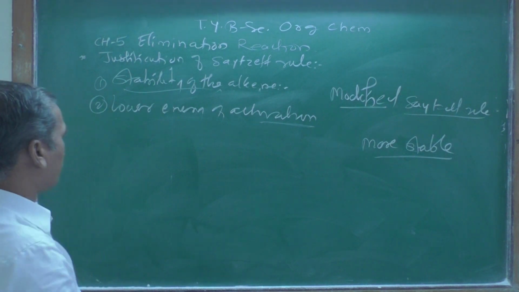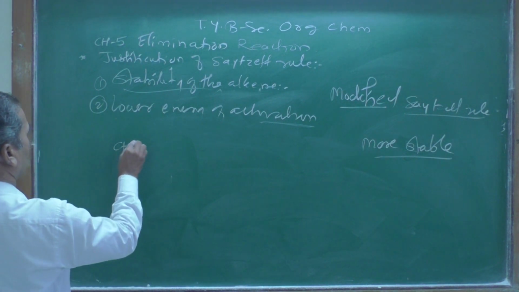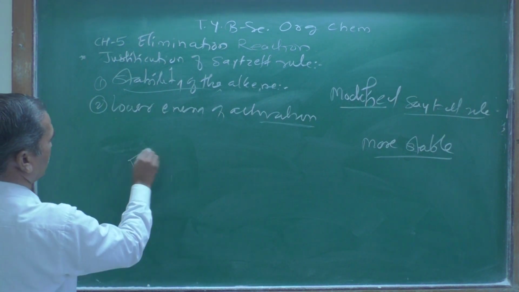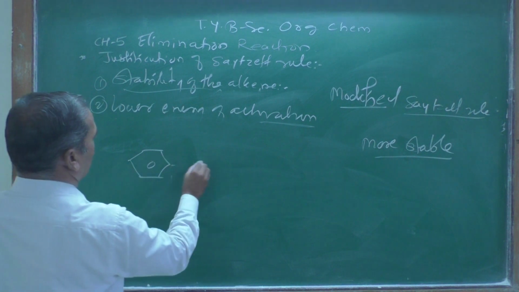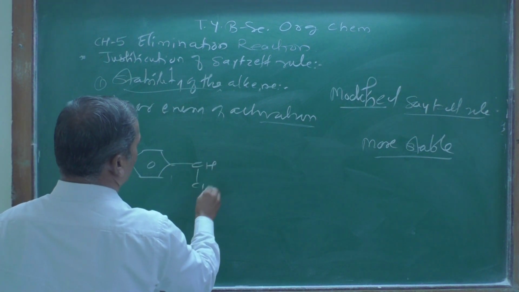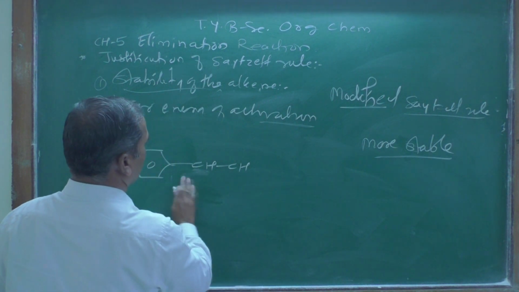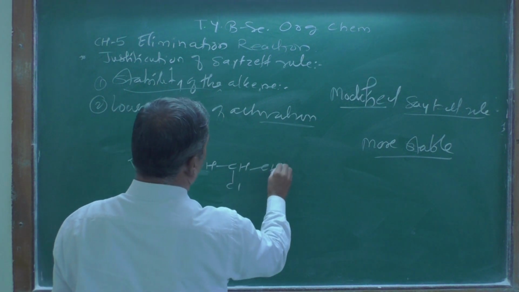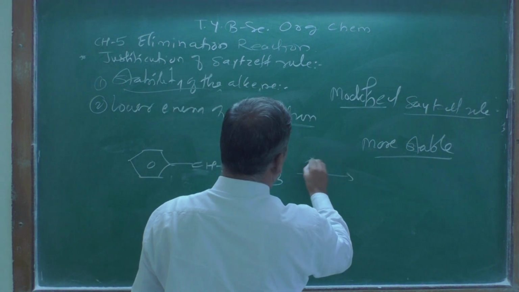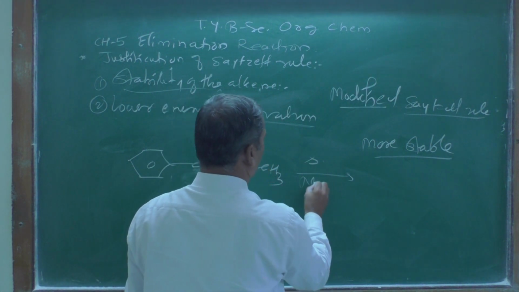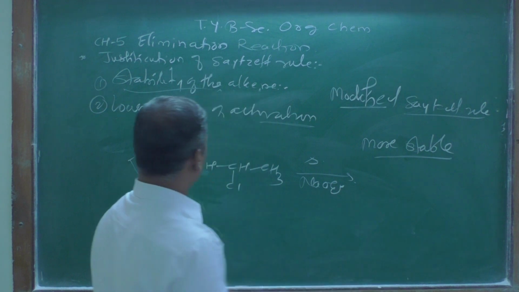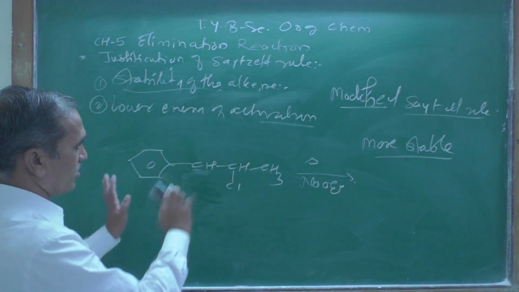product. Let me give another example here. Let us see one more example. CH, then Cl, then CH, with Cl, then CH3. Just heat it in the presence of sodium ethoxide. So this is the substrate.